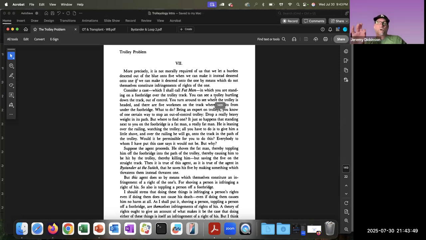Okay, not that there's no rights violation to the few or to the 1. It's just that the means taken to redirect the burden or the danger itself doesn't constitute a rights violation. Okay, and we'll get clear on that when we consider what Thomson and others call the fat man case.